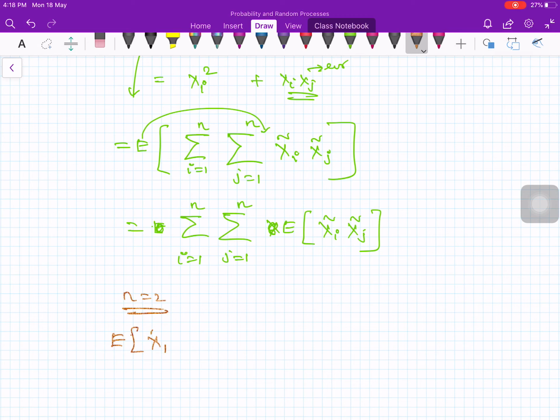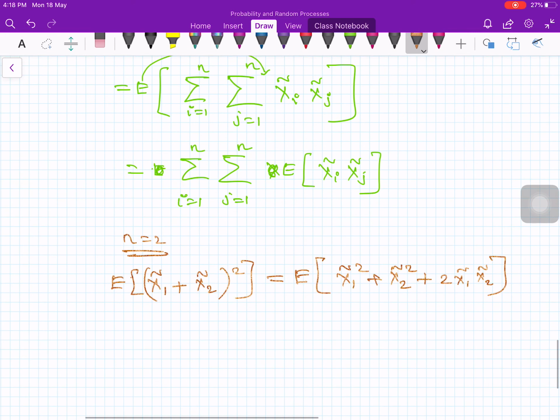Expected value of (x1 tilde plus x2 tilde) whole squared. This is equal to expected value of x1 tilde squared plus x2 tilde squared plus 2 times x1 tilde and x2 tilde.